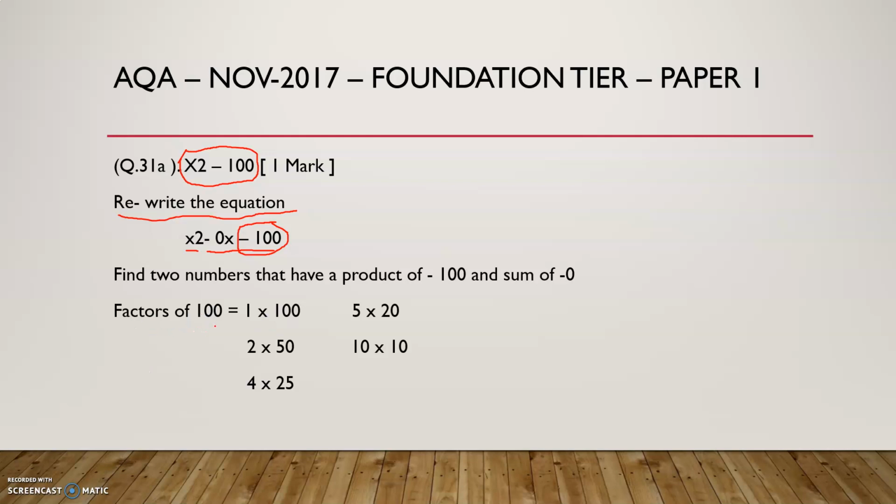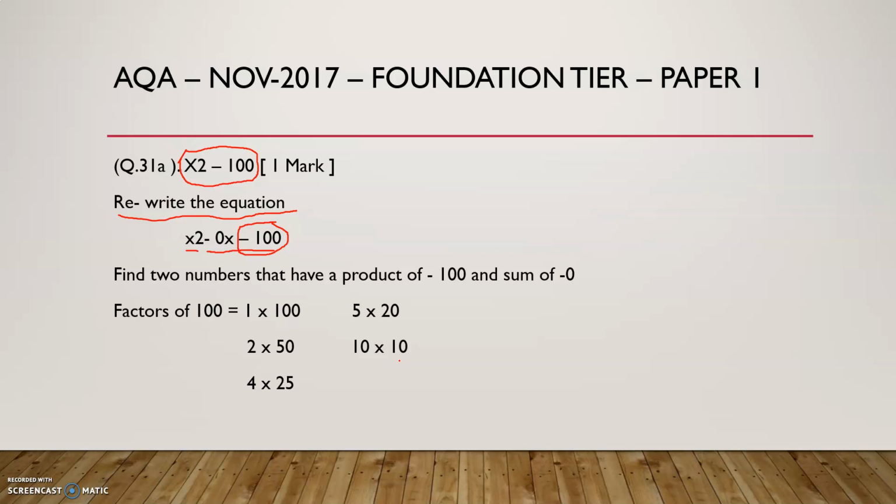So we're going to look at factors of 100, which would be 1 times 100, 2 times 50 would give me 100, 4 times 25 would give me 100, and 5 times 20, and 10 times 10.